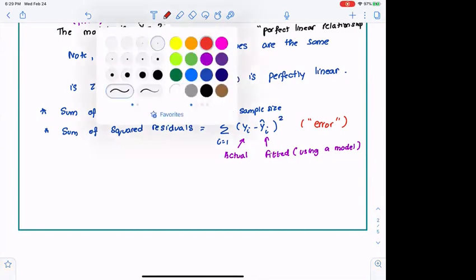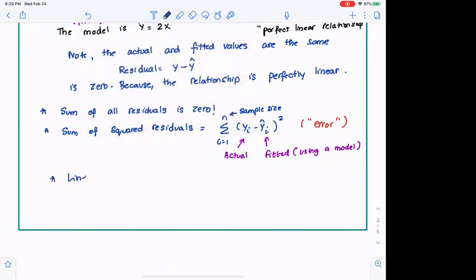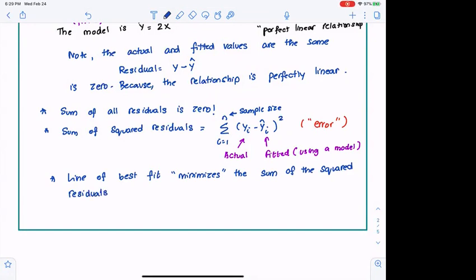So the line of best fit minimizes the sum of squared residuals, which is why we call the line of best fit the least squares regression line.